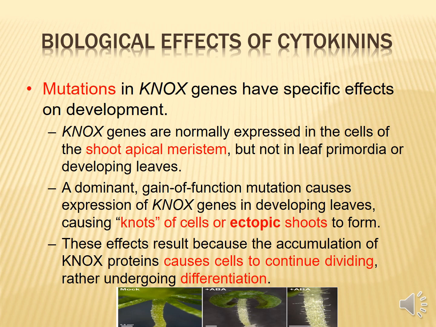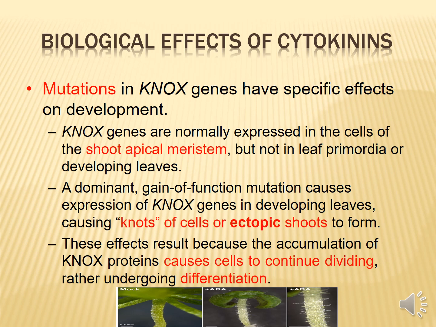If, for example, the function of the KNOX genes has been mutated, it will be expressed in the developing leaf, where it produces knots of cells, or what we call ectopic shoot formation. This ectopic shoot formation does not produce a normal leaf, but only a small leaf, like a blade.